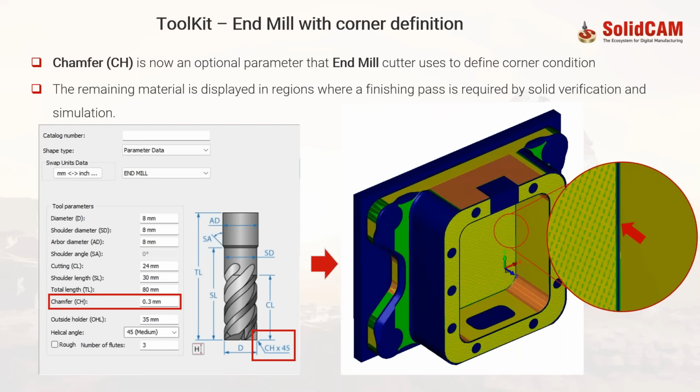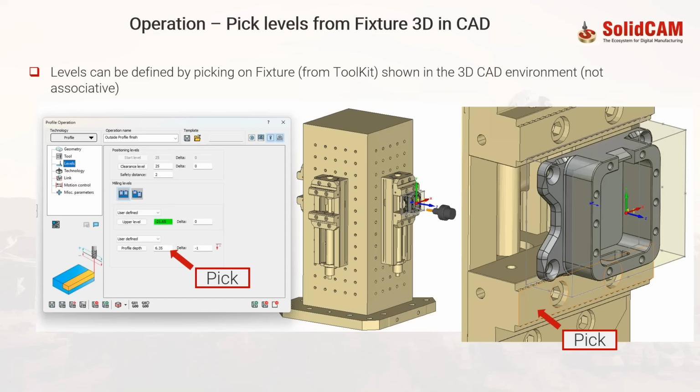For the fixtures, you probably know that now in the 3D environment, if you're not defining it as a SolidWorks or Inventor assembly, you can pull the fixture library right from the toolkit. But when you are doing that, you actually don't see any fixtures. So now you have an ability here in the corner of any job in SolidCAM to see a fixture.